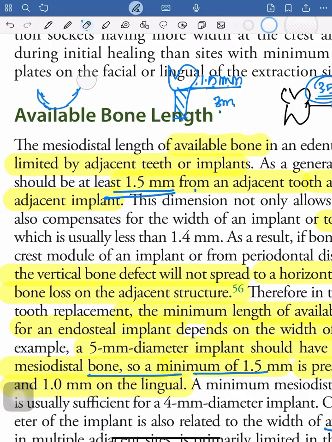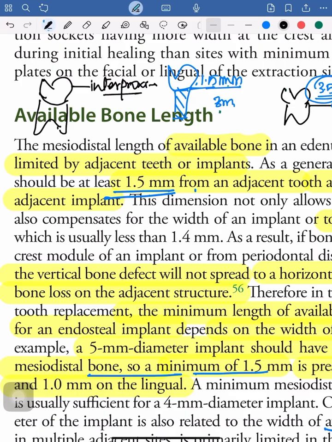So I have to draw this properly. This is the interproximal contact area, this is the CEJ, and this is the tooth and crestal bone interface.